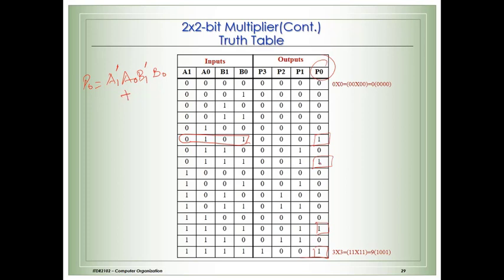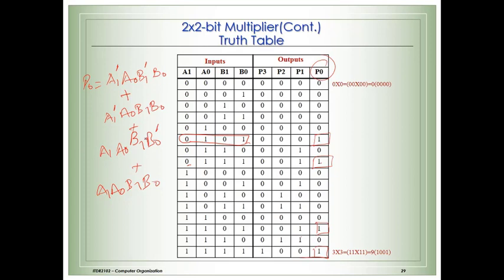Or, then for this one, A1 was 0, so A1 dash, then A0, then B1 and B0. The next one, A1 for this one, A0, then B1 and B0 dash because of this one, correct? And the last one is A1, A0, B1, B0, correct?